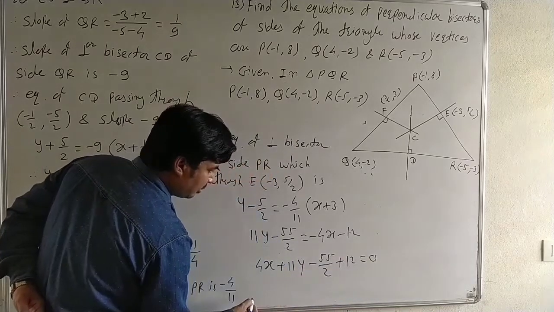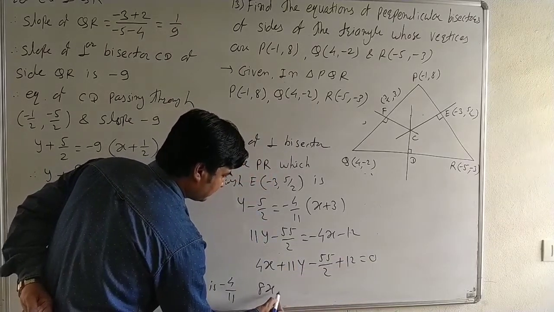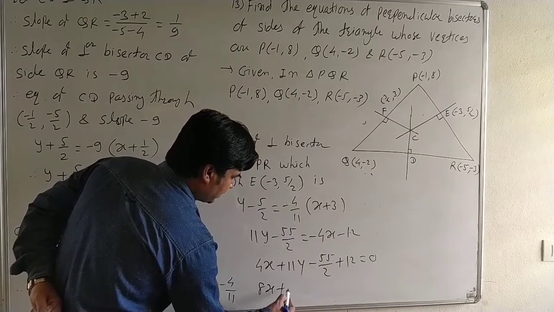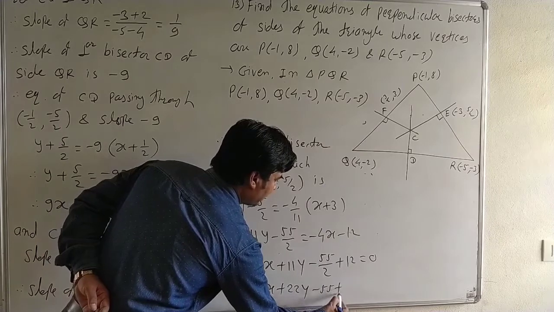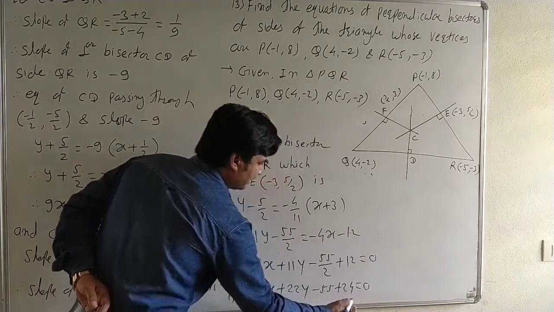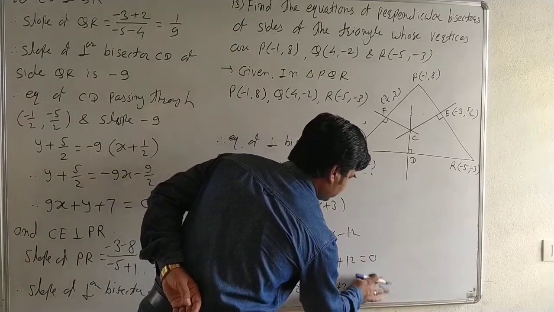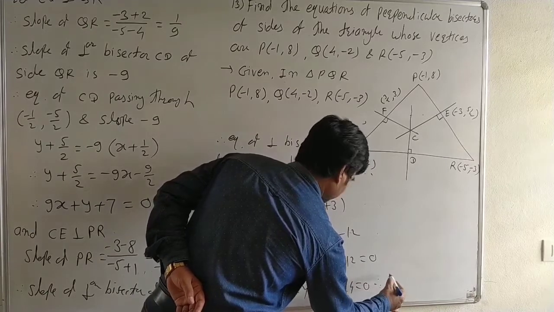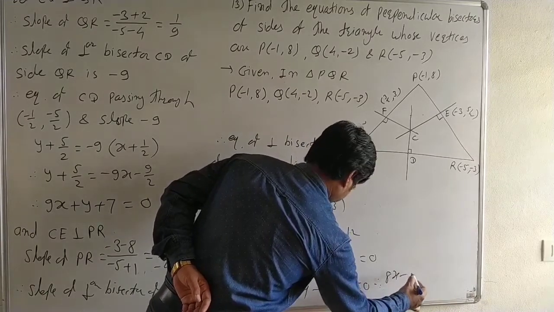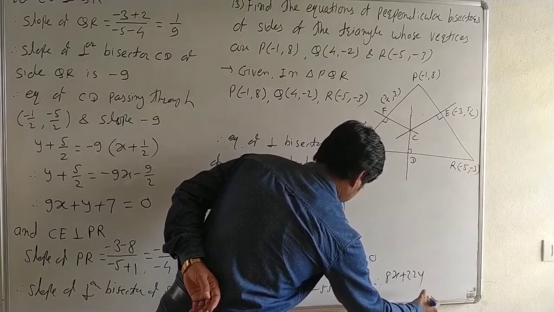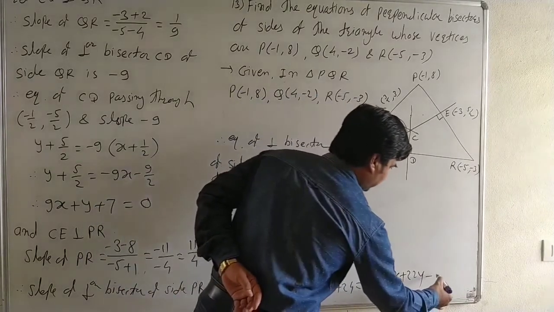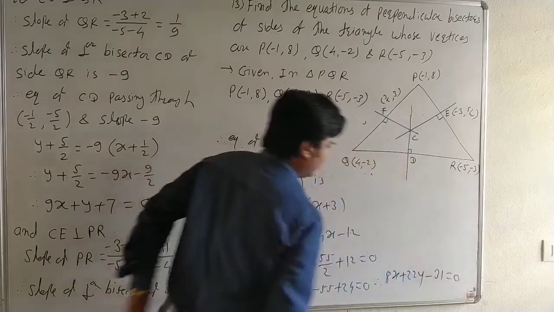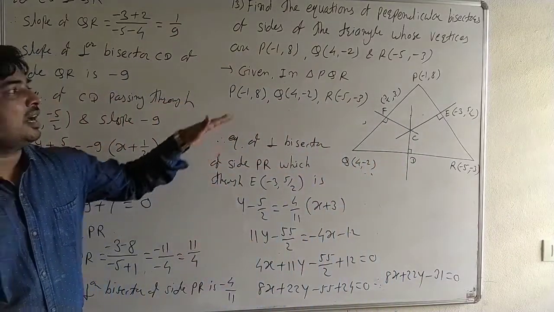Throughout multiplying by 2, therefore 8x plus 22y minus 55 plus 24 is equal to 0, and therefore 8x plus 22y minus 31 is equal to 0. It is the equation of the second perpendicular bisector.